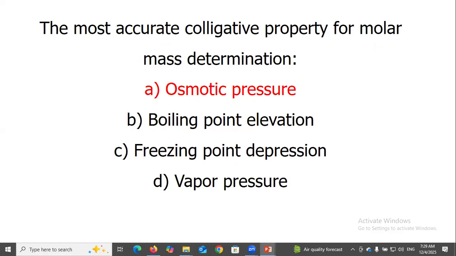The most accurate colligative property for molar mass determination: osmotic pressure, boiling point elevation, freezing point depression, vapor pressure. The answer is osmotic pressure.